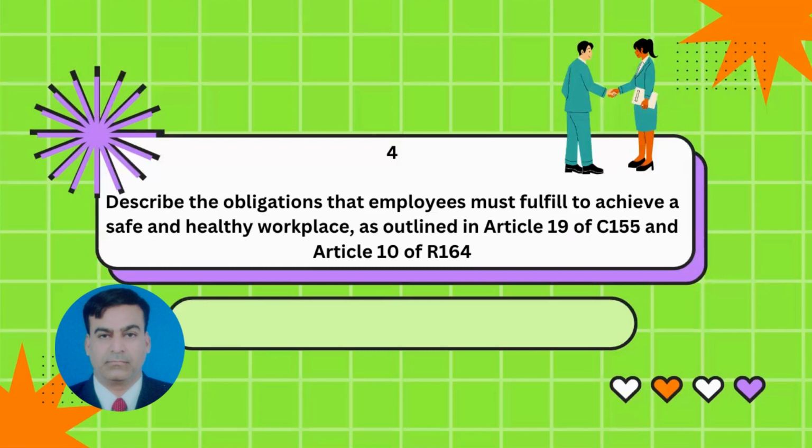The worker should comply with safety instructions and procedures provided by the employer. They should use all safety equipment properly and refrain from tampering with it. They should report any situation that they believe could be a hazard and that they are unable to correct themselves. They should report any work-related accidents or ill health immediately.